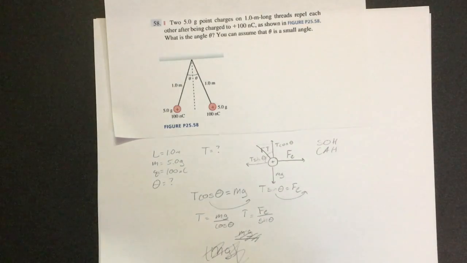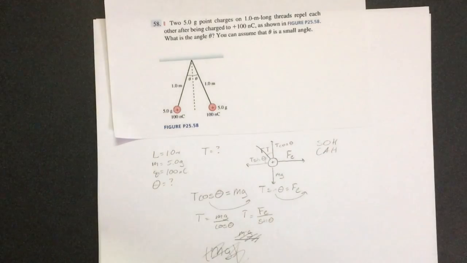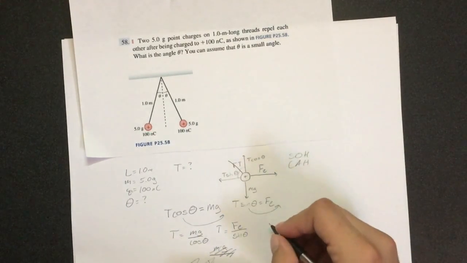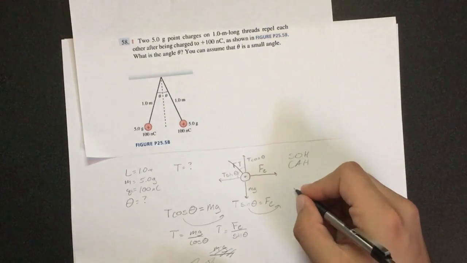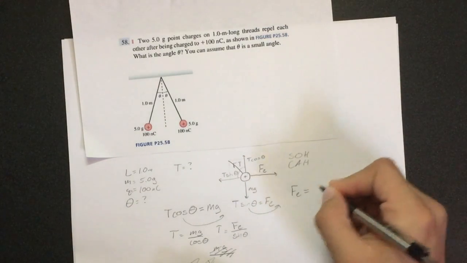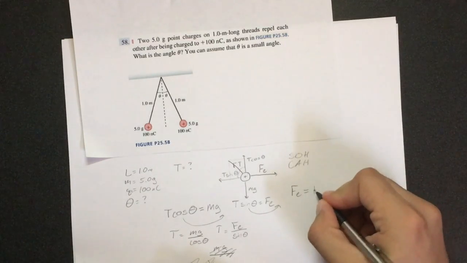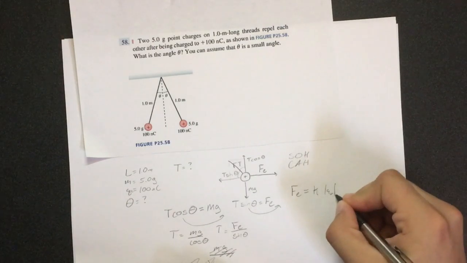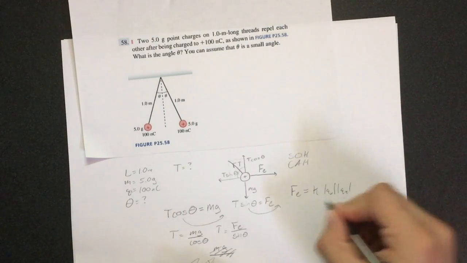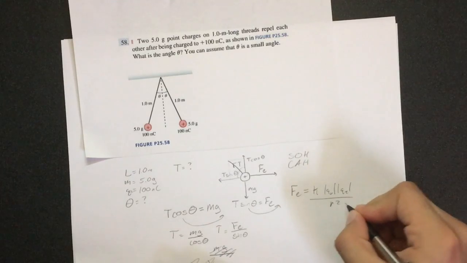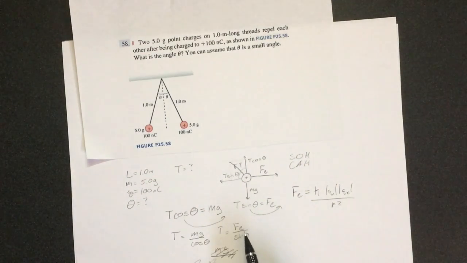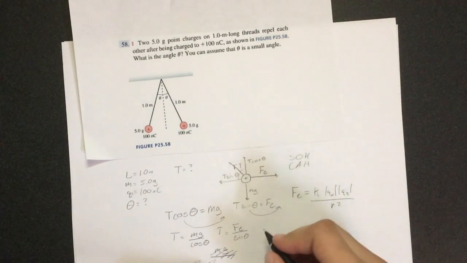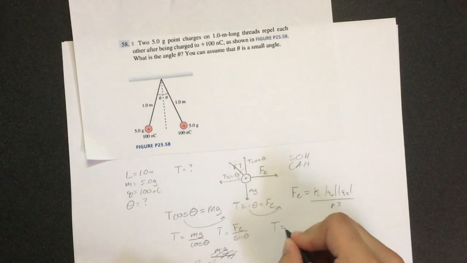Okay, so where I was going with that was the force of electrons. One of the major equations we're going to be using for the force of electrons is the point charge equation, which is K constant, charge 1 absolute value, charge 2 absolute value, all over radius squared. Because we have that equation, we can simplify even further by plugging it into the tension equation that we built.